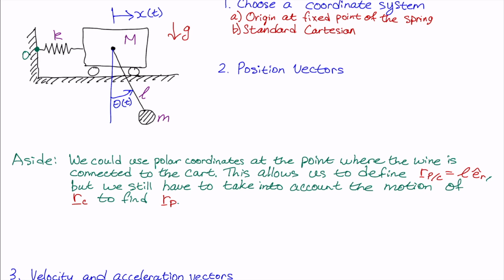And we have an aside about this down here. Like I mentioned before, we could use these polar coordinates. It allows you to define this relative position vector in polar coordinates, but you're still going to have to take that into account, and you'll end up having to break this e hat r into Cartesian coordinates anyway, so we're still going to need to just deal with Cartesian. So we'll just start with Cartesian here.